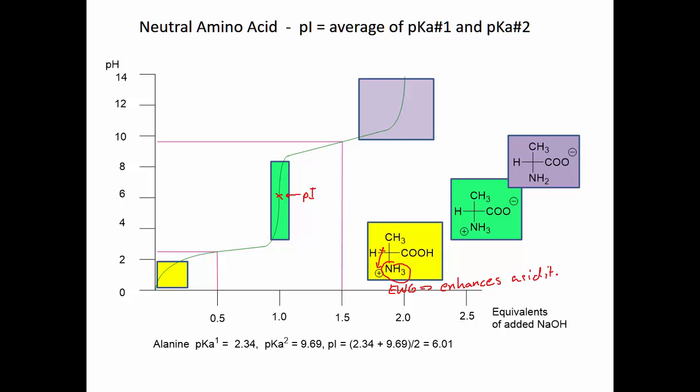Okay, so instead of being around 4, it's a little lower, around 2. Now, the second deprotonation is the deprotonation of an ammonium salt, and this is almost exactly the same as the pKa you remember of a simple alkylamine, so it's very similar. Okay. All right, and halfway between these two pKa's, if we average them, we get the pI.